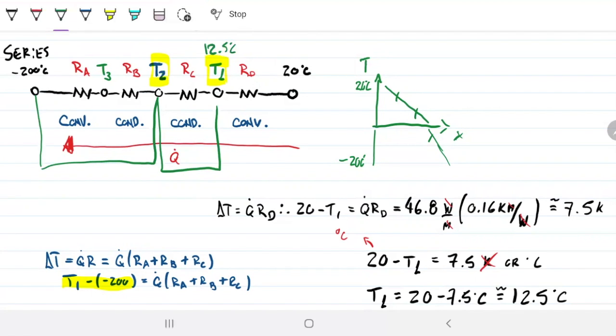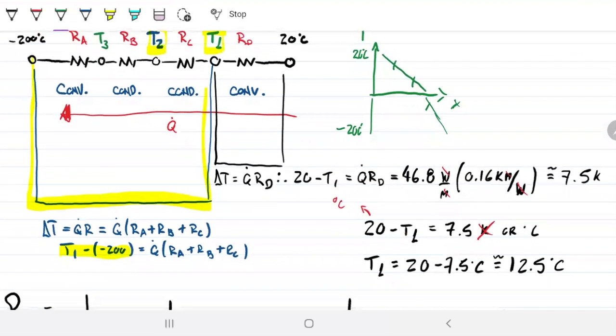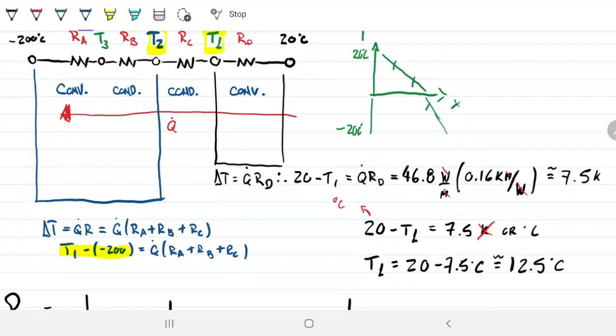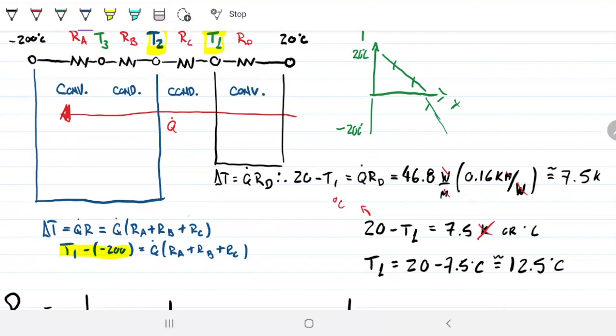And as a matter of fact, I'm going to do the long way now just to show you that it's going to work just like the other one. So let's keep this as is. What I'm going to do is remove this here, and I'm going to go from 200 to T2. So from 200 to T2, we have our RA and RB between. So we don't need this anymore.